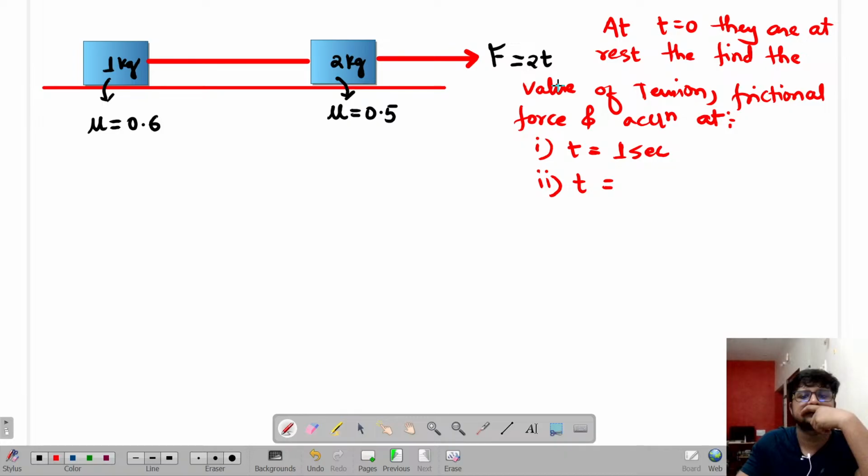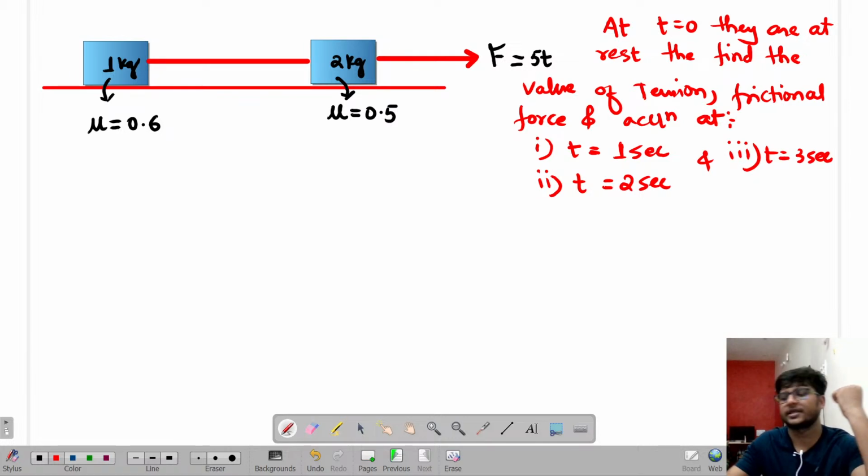I think this is 5t, not 2t. Okay, this is 5t. At t equal to 1 second, t equal to 2 seconds, and in the third question, t equal to 3 seconds. Tell me what will be the answer. Try this, just 1 minute.